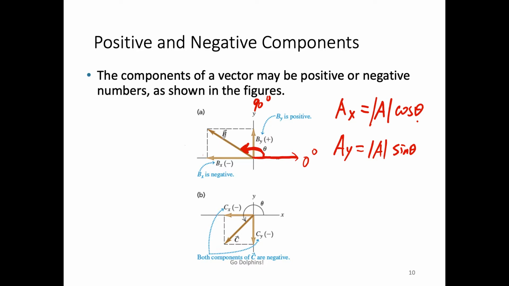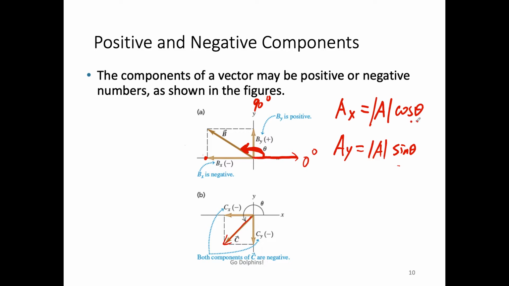Now this vector B is in the second quadrant. So cosine of this angle will give us a negative x component, and sine will give us a positive y component. Now C is in the third quadrant.